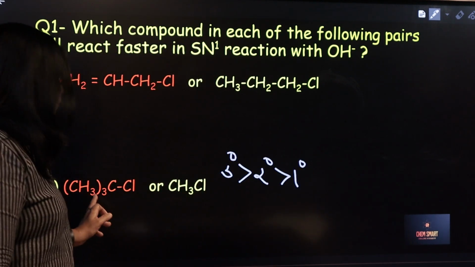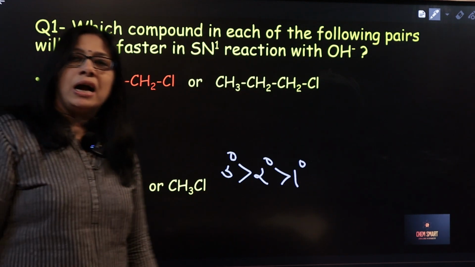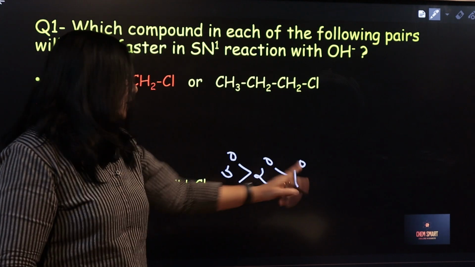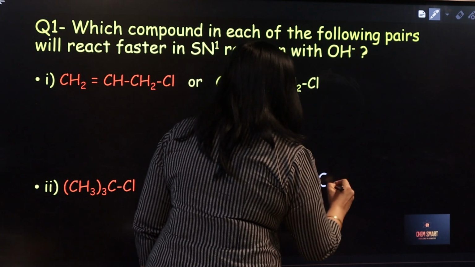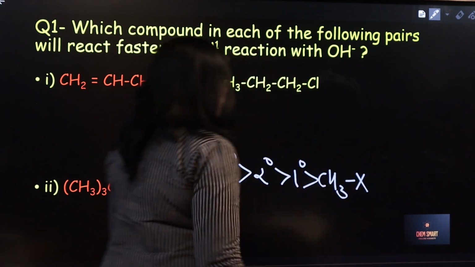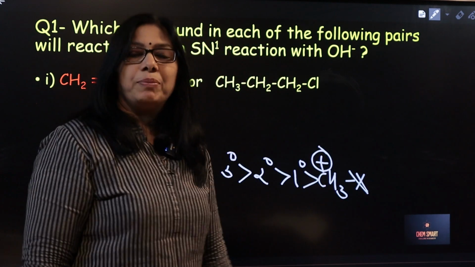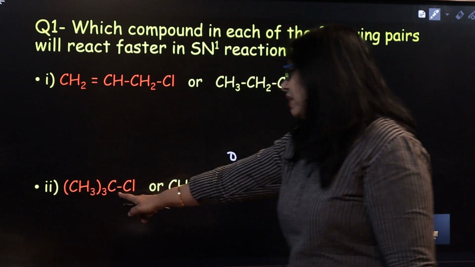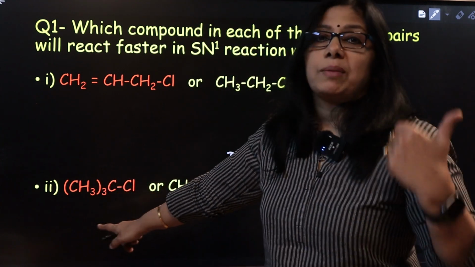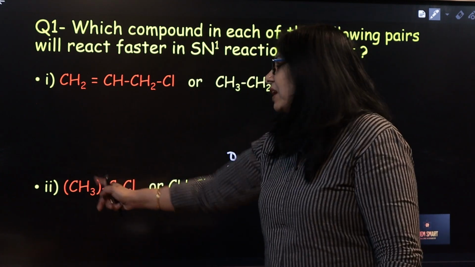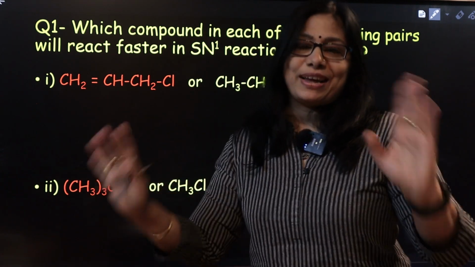So the carbocation formed by the tertiary alkyl halide, which is a tertiary carbocation, will be more stable than methyl. Methyl carbocation will be the least stable. So this one will form a more stable carbocation compared to the methyl carbocation, and this will undergo faster SN1 mechanism. Clear?